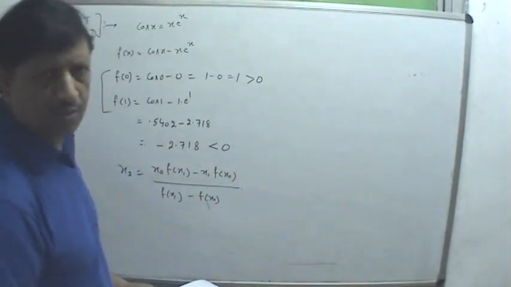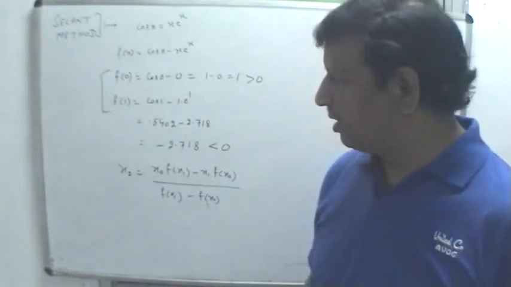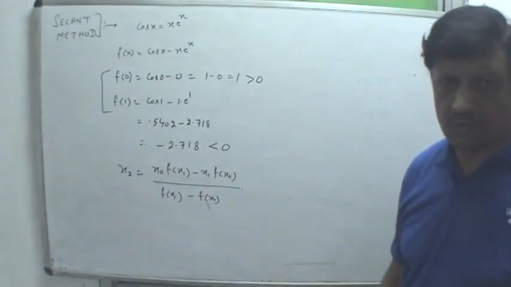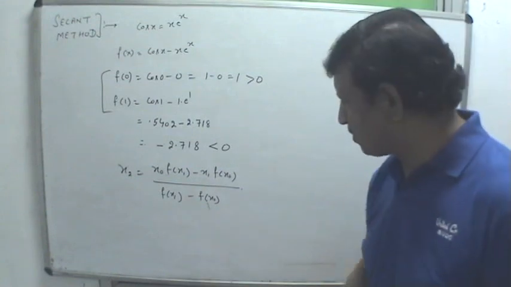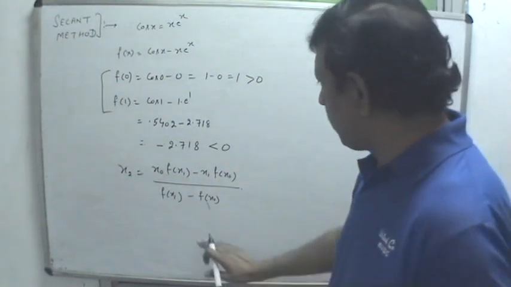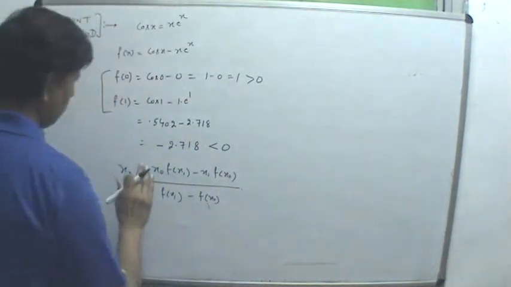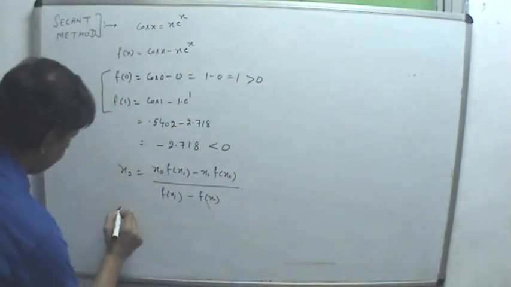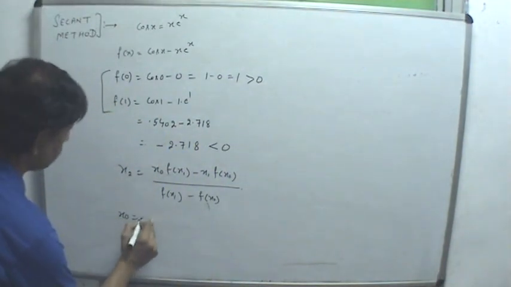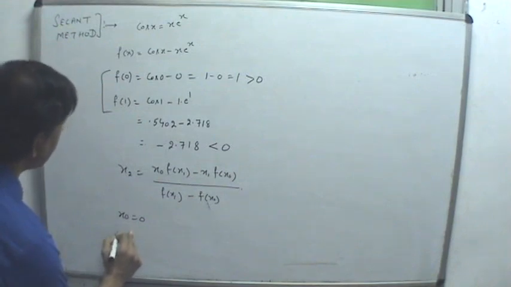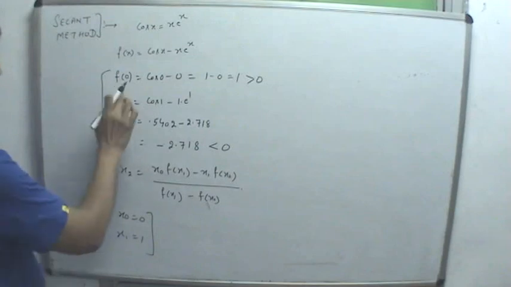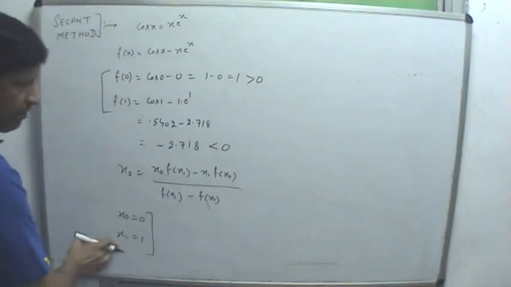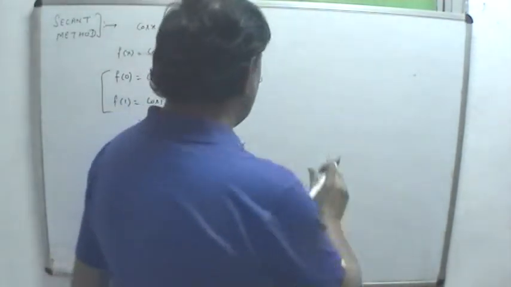That is the same formula which we used in the regular falsi method. So what will be the difference? That we will see in the further steps. Again we consider the smaller value x0 equal to 0 and the greater value x1 equal to 1.